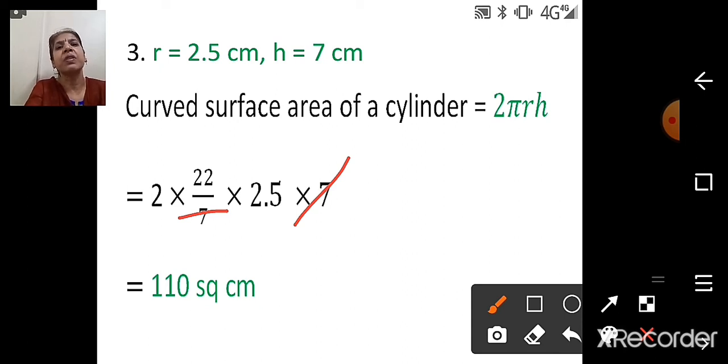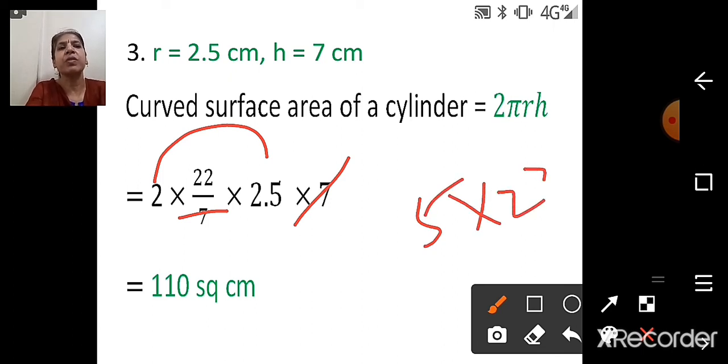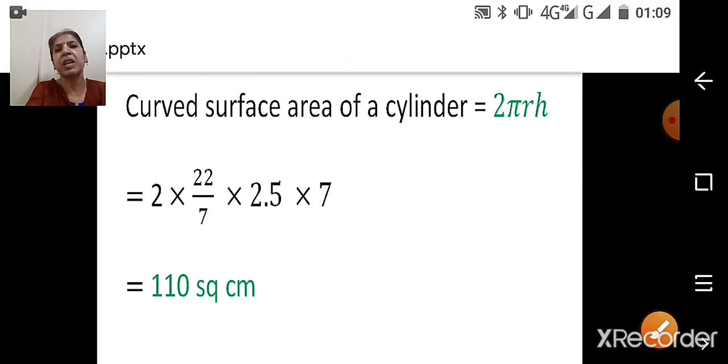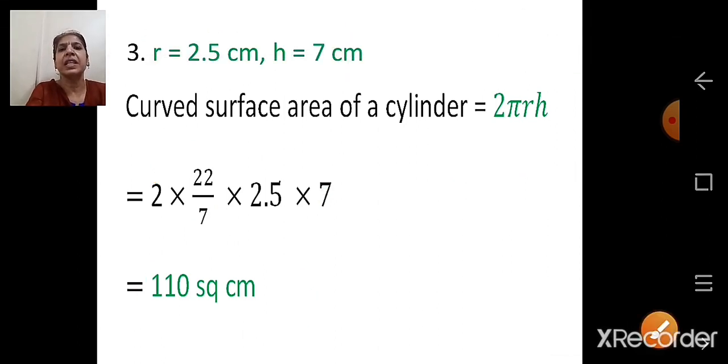So if you do that, then 2 multiplied with 2.5 gives the answer 5. That 5 you multiply with 22, you will get 110. So that way also you can do. So you will get the answer 110, and then write the unit, square centimeter.